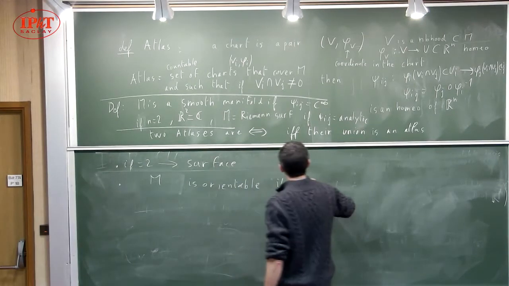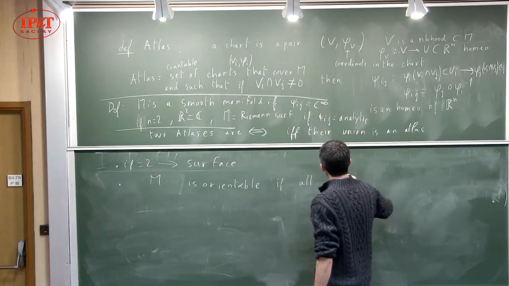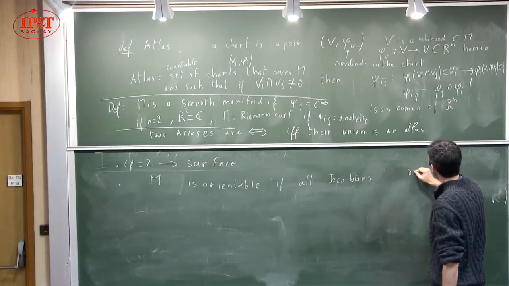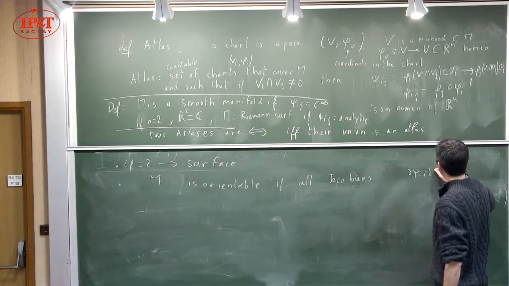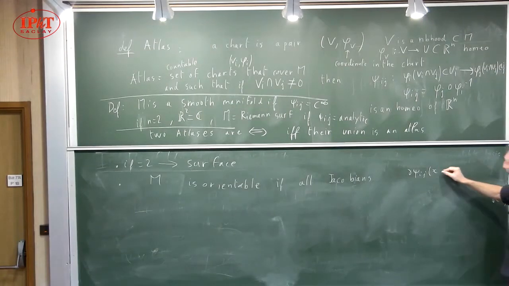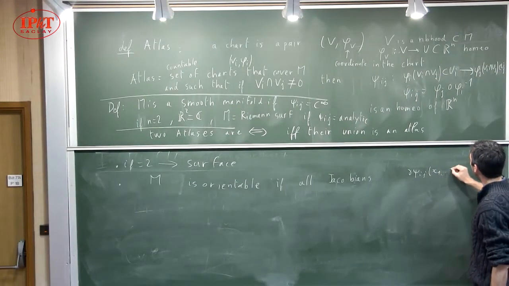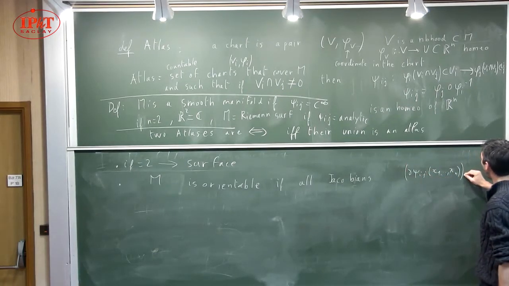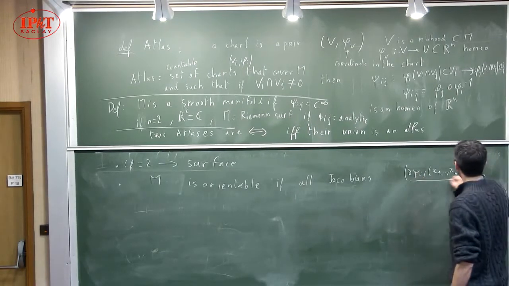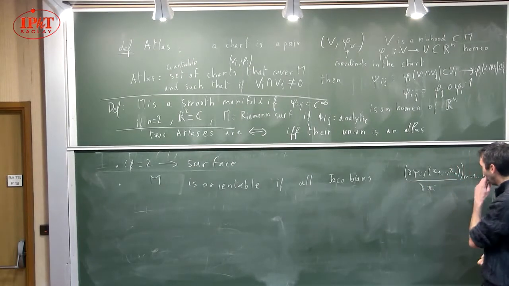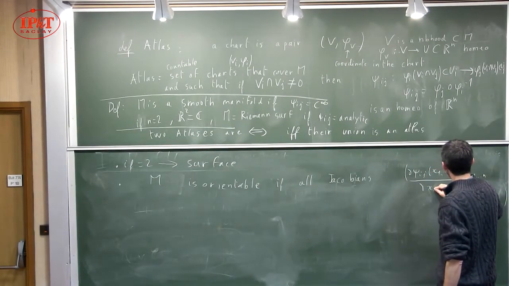if all Jacobians d psi ij of x, so remember, this is a point in Rn, x1 to xn, and m goes from 1 to n, over d xk.